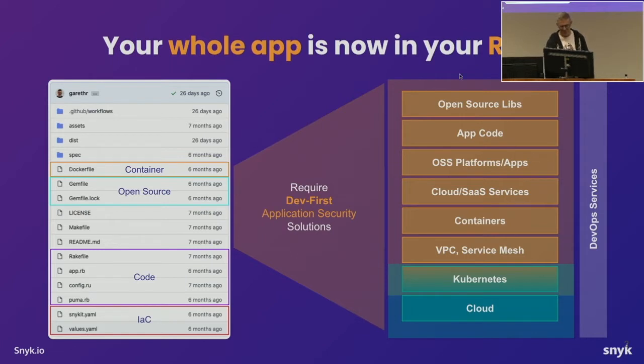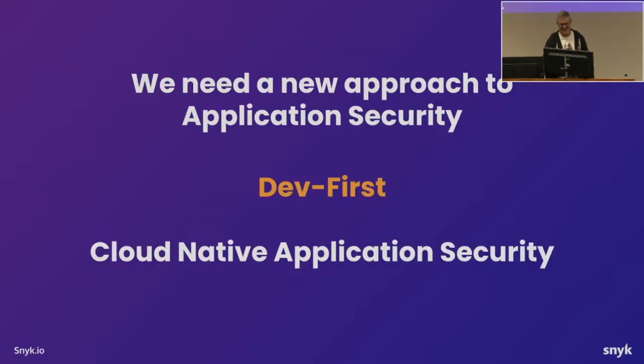Whether it's the open source libraries, the app code, the platforms, the cloud, the containers, everything is now controlled from your repo, including Kubernetes and the like. Without developers, there is no way to actually secure these things. Security organizations typically don't have the programming skills to go and fix all of the vulnerabilities. The only party that can really do this is the developers.